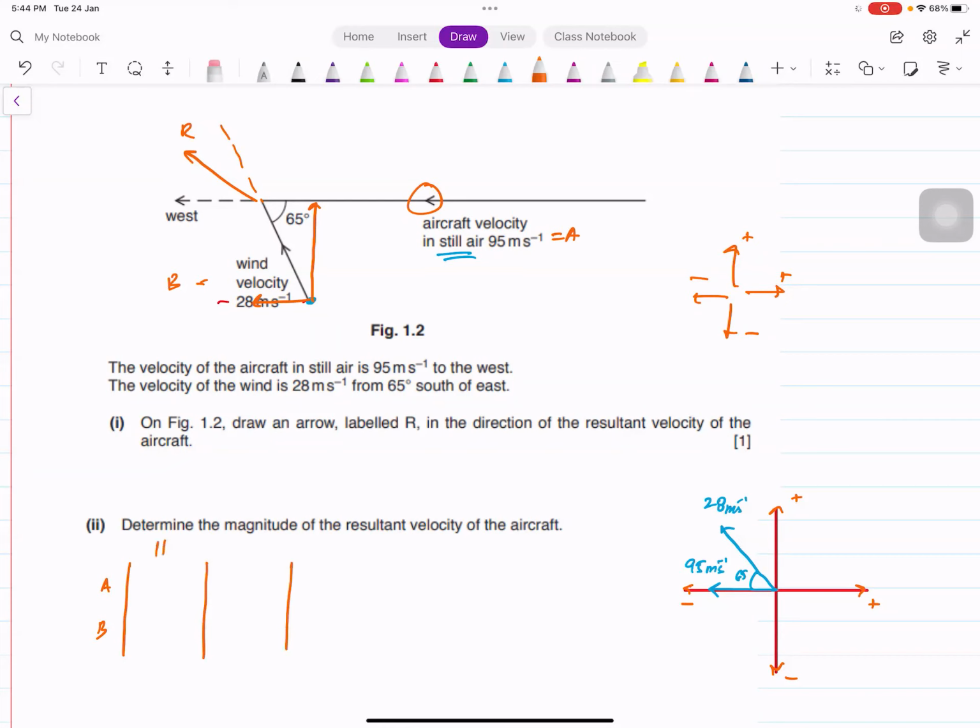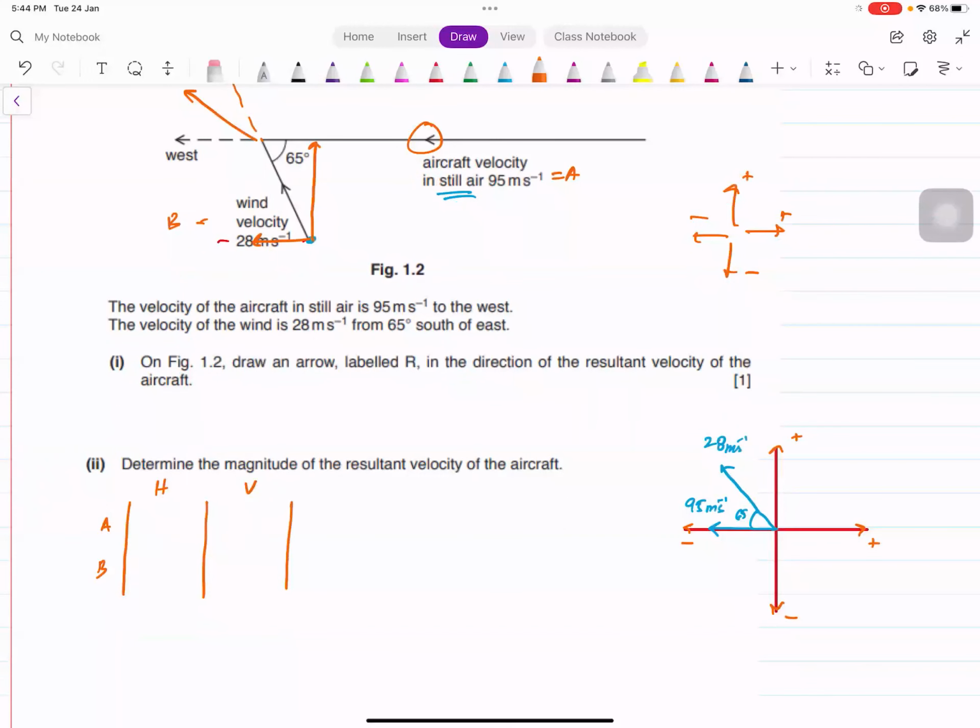This is horizontal, this is vertical. For A, it's completely horizontal and has no vertical component, so you write 95, and because we took the left side as negative, we put a negative sign here. For the vertical one, it has no vertical component because it is completely horizontal. You should remember that.